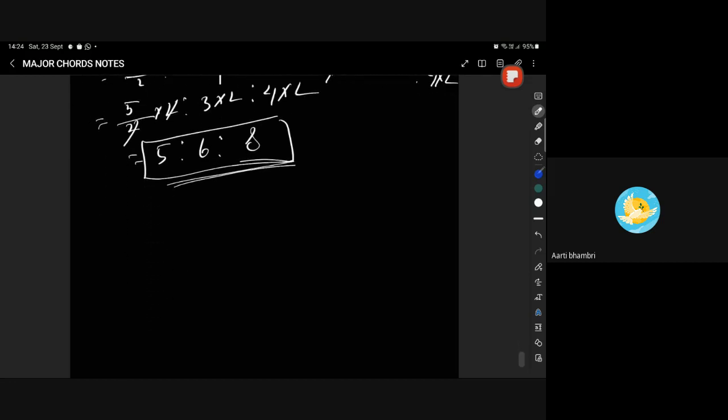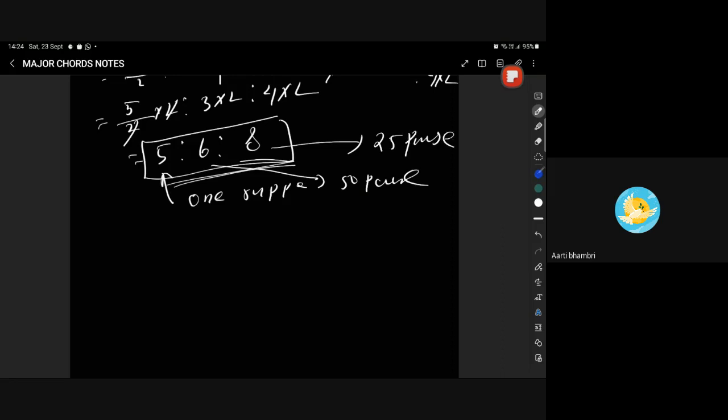Now another logic you have to apply. They have asked you, there is the 1 rupee coin, which is this one, then this is the 50 paisa coin, and this is the ratio number of the 25 paisa coin. So again you have to find the proportional value.